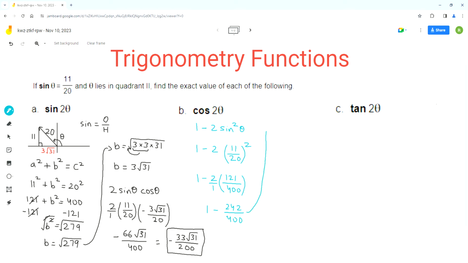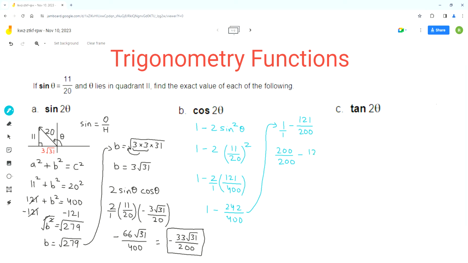Now we can simplify this fraction. We can reduce the numerator and the denominator by 2 because both are even numbers. So we get 1 minus 121 over 200. And now we can subtract these terms. So the denominator of 1 is 1. So the common denominator here will be 200. So we'll multiply the numerator and the denominator in the first fraction by 200.